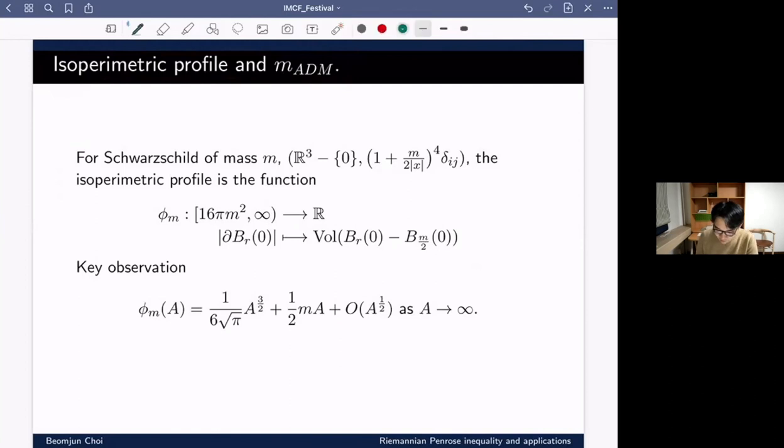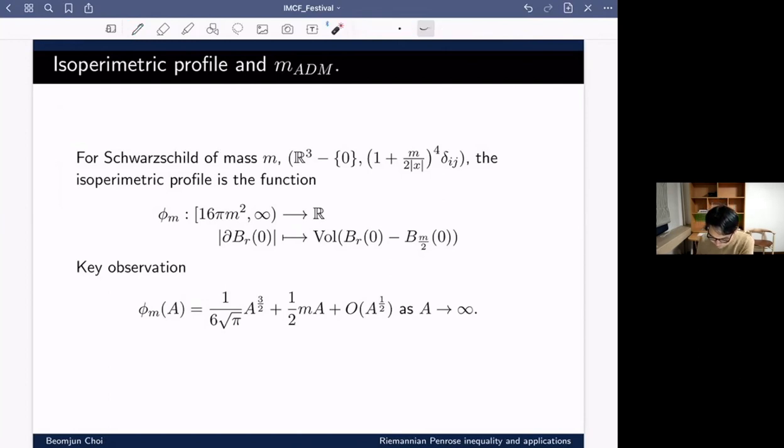I told you that if my ambient space is positively curved, I can put more volume than in Euclidean space. I mentioned that in my first talk. So the idea is, if the space has non-negative scalar curvature and has some boundary, which is the horizon, then by this effect we could put more volume for a given area. And that additional volume will have some relation with my mass.